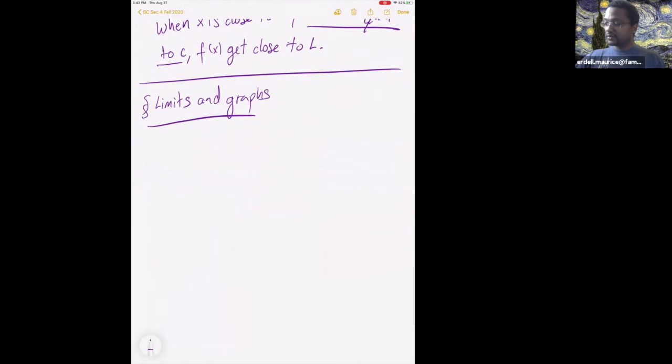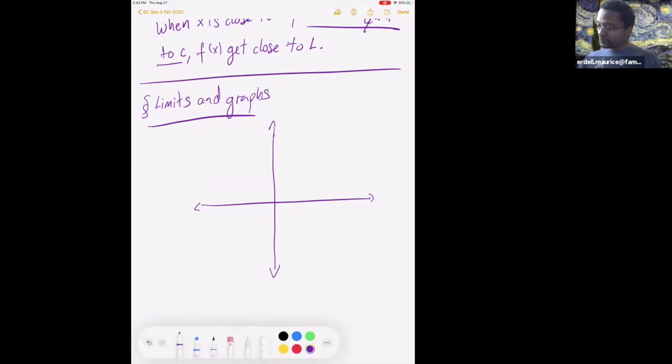If I was to draw some lovely axes, and then I have my function, the graph of my function I had a while ago was 10x plus 5.